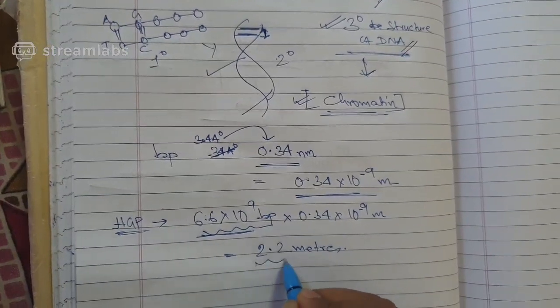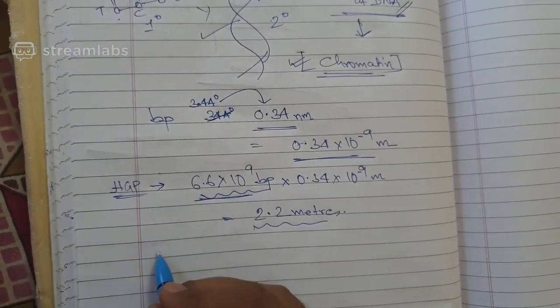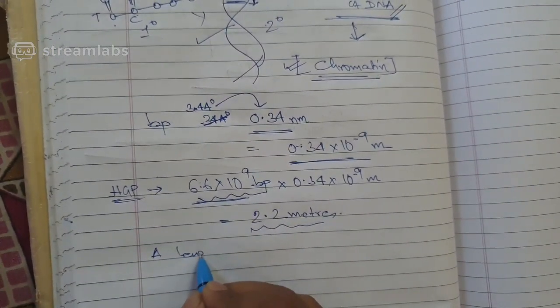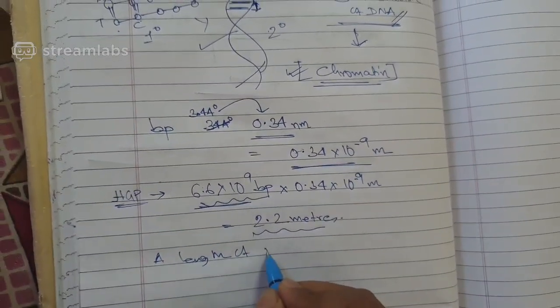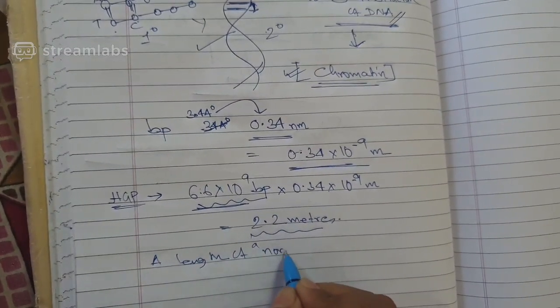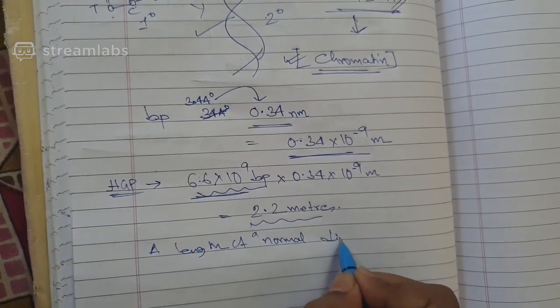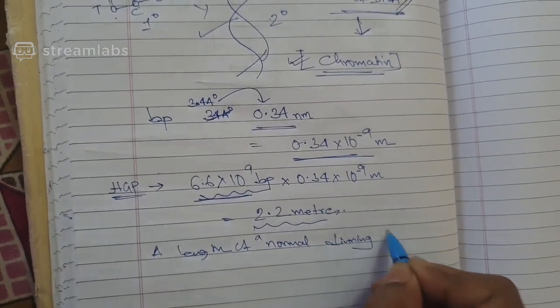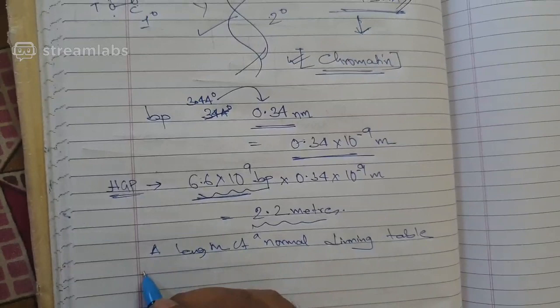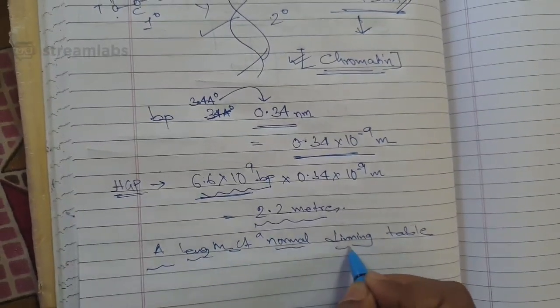This means the length of a normal dining table. Wow, a length of a normal dining table.